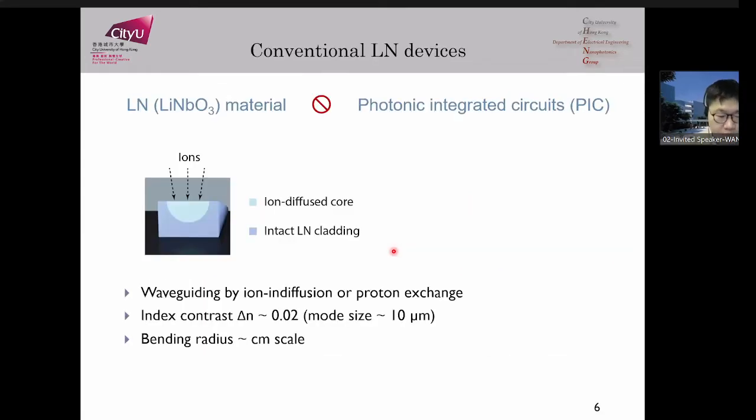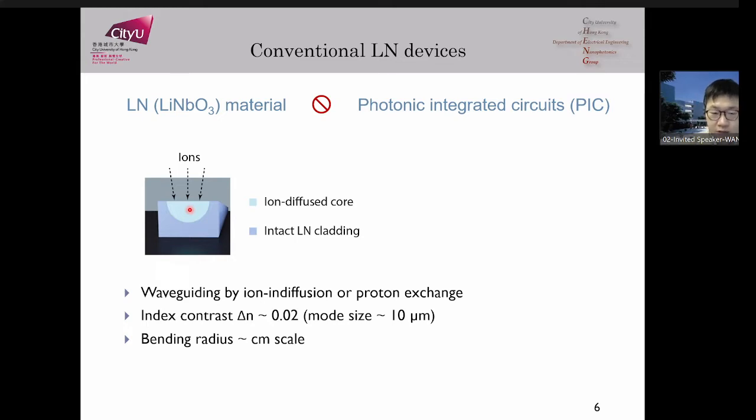But the one problem with this lithium niobate material is that whenever people talk about it, they will say that it's a great material, but it's just not compatible with the concept of photonic integrated circuits. And the reason is, if you look in more detail at the waveguides of lithium niobate, they are traditionally formed by diffusing ions like titanium ions into the lithium niobate crystal.